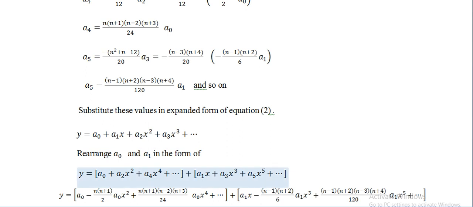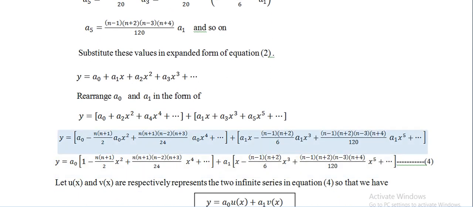So it means that we'll separate the a0 and a1 values, and then we'll put the a0, a2, a4 values. You know that the a0 value is not equal to 0, so write the a0 term as it is, and the a2 value is minus (n + 1)/2 a0. The a4 value is (n + 1)(n − 2)(n + 3)/24 a0.